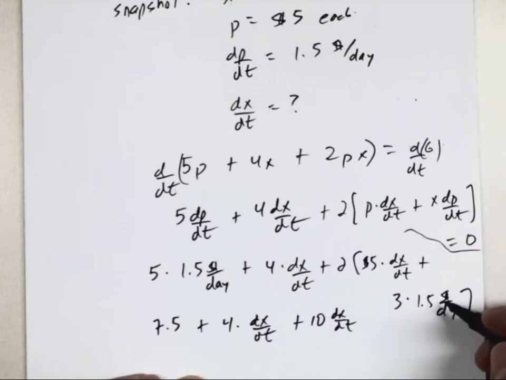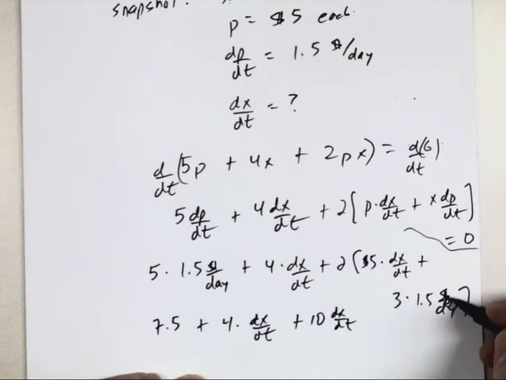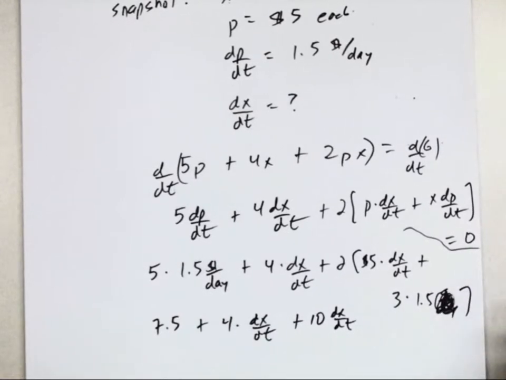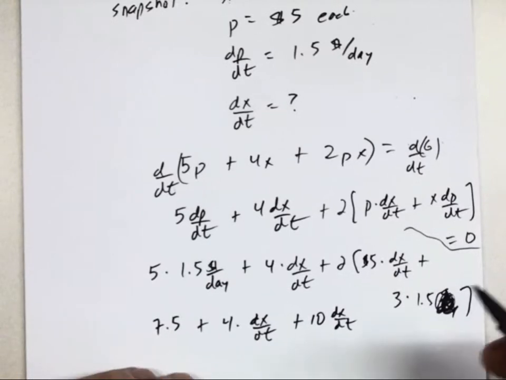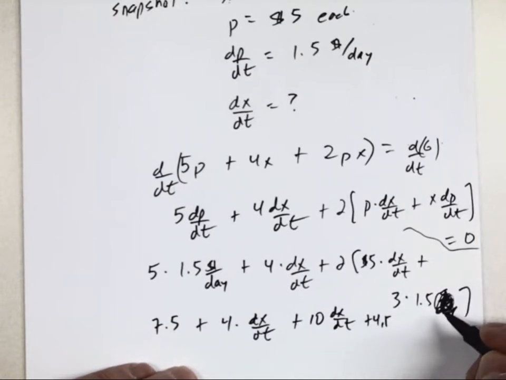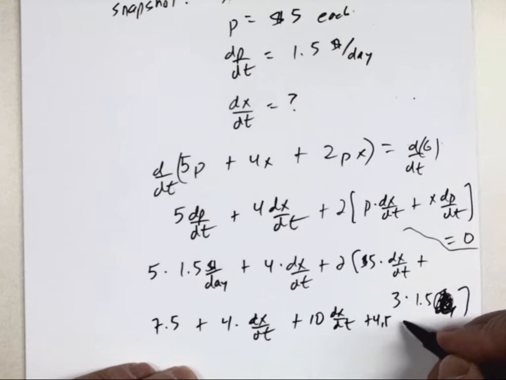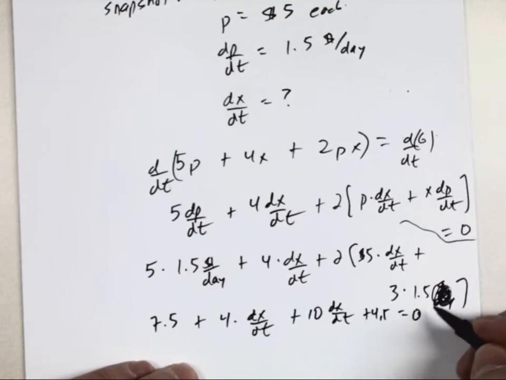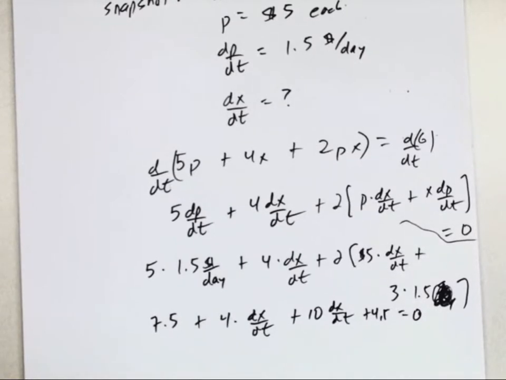Oh, x times dp/dt. Sorry, that was a little confusing. So 3 times 1.5 is 4.5. So now, 7.5 plus 4.5 is 12.